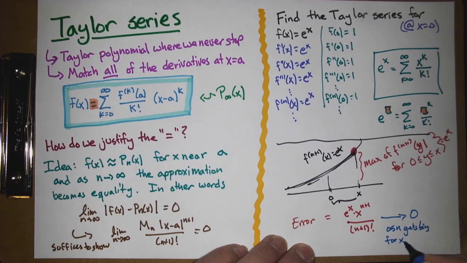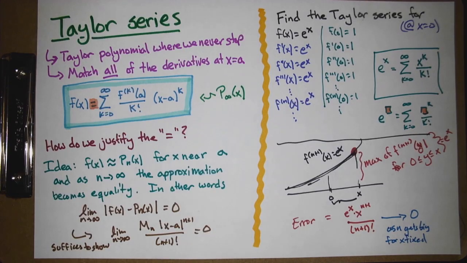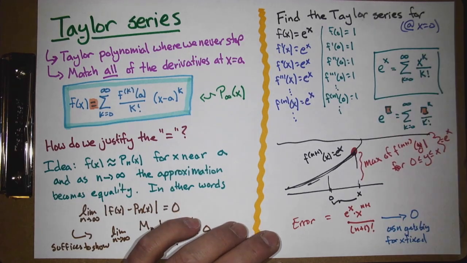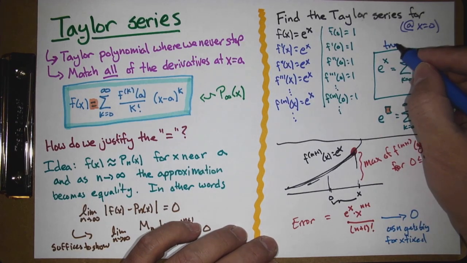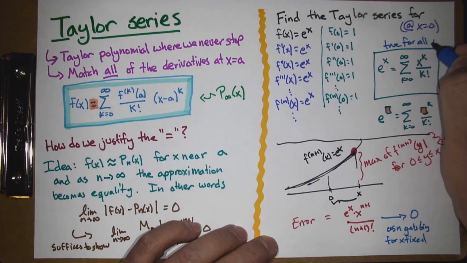Now, the punchline: that says for any x, the error between the Taylor series and the function is 0. So this relationship is true for all x.